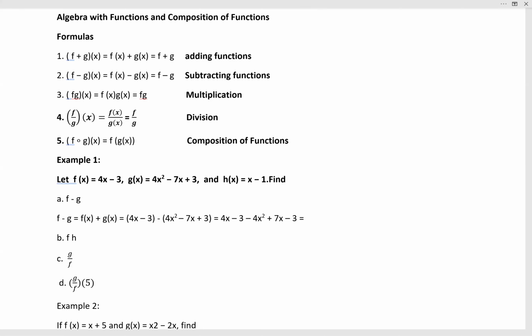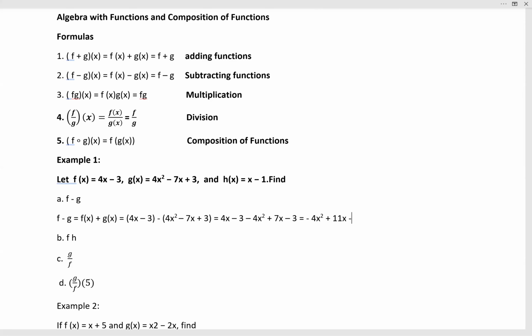Okay, so now I'm going to combine like terms. The first term should be negative 4x squared because no one else has the same like term. And then the second one is 4x plus 7x, which is going to be plus 11x.